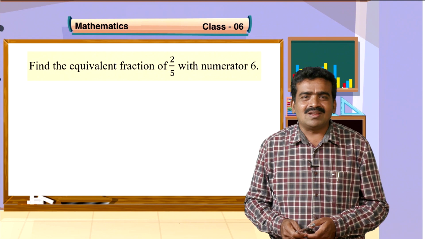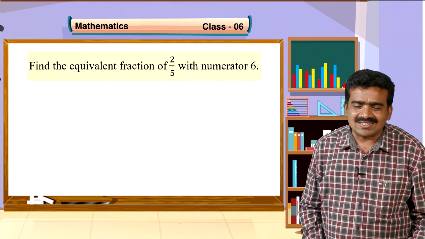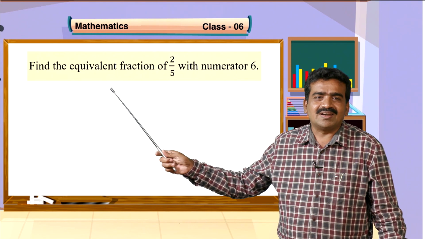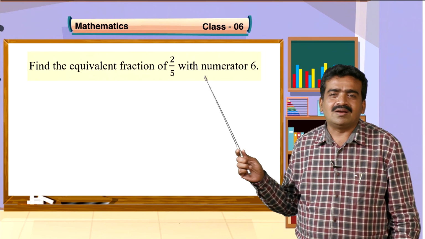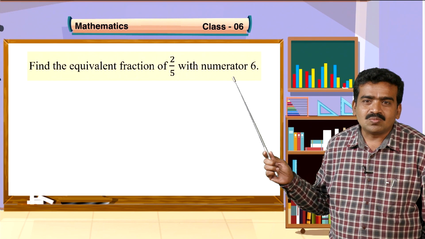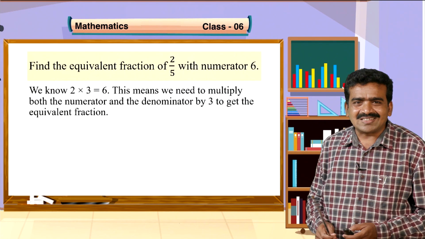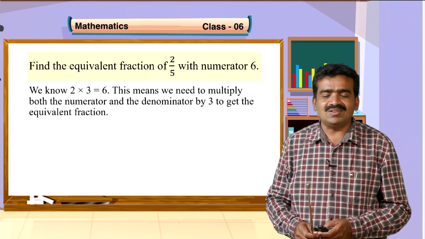Find the equivalent fraction of 2 by 5 with the numerator 6. Here the instruction is given like this. We have to write the equivalent fraction for 2 by 5 and the numerator should be 6. As you all know, how do we get 6? When we multiply 2 with 3, we get 6.